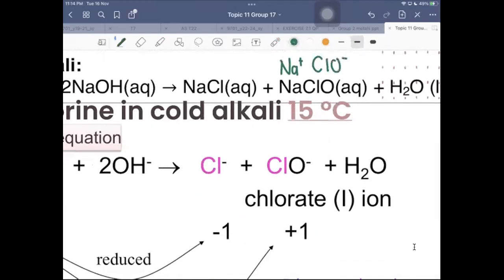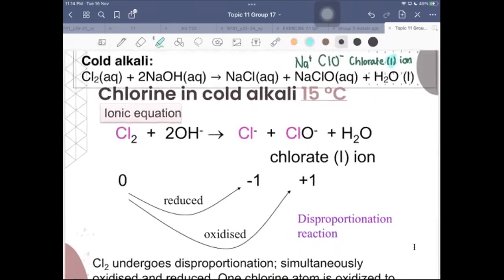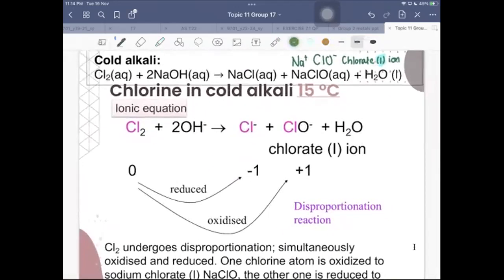This is called a chlorate(I) ion. That means the oxidation number of the chlorine in the ClO minus is +1. So I'll just write down that you can actually break them down into ions so that you know how to work out the ionic equation. The ionic equation is given here.